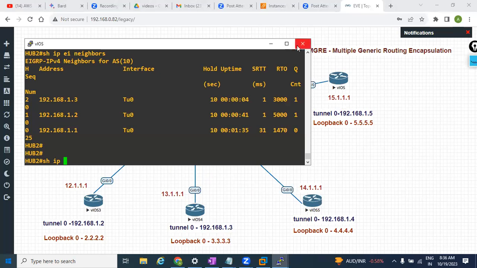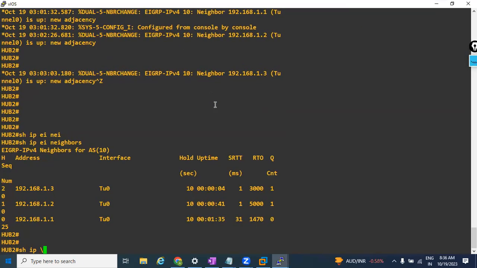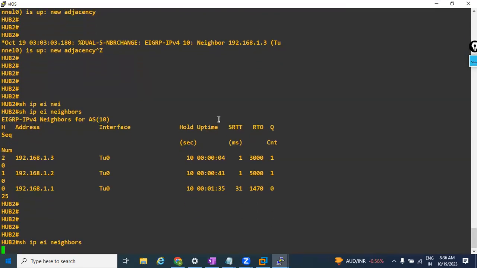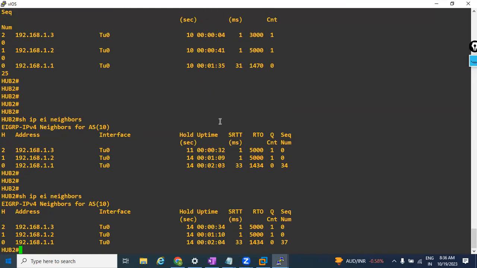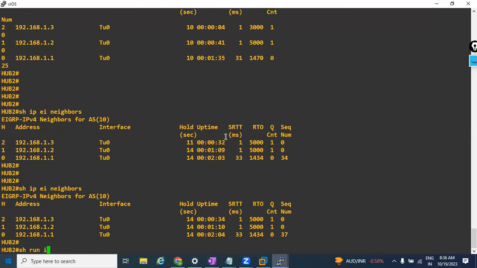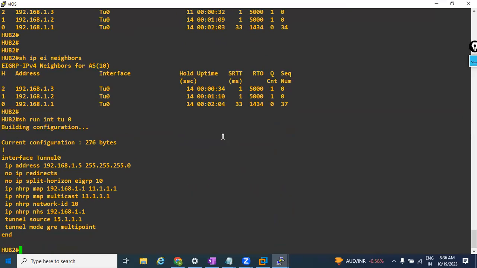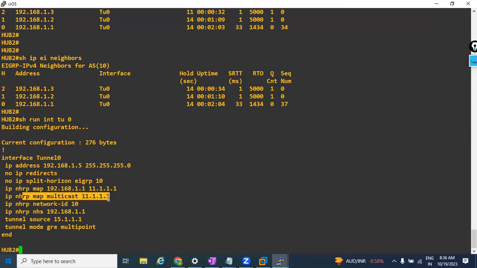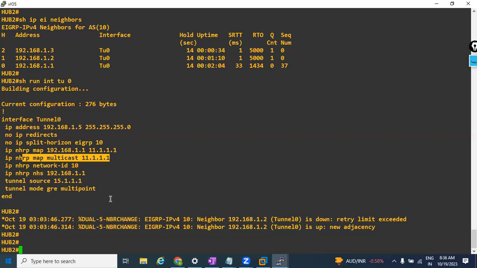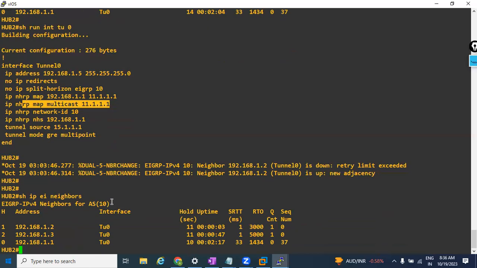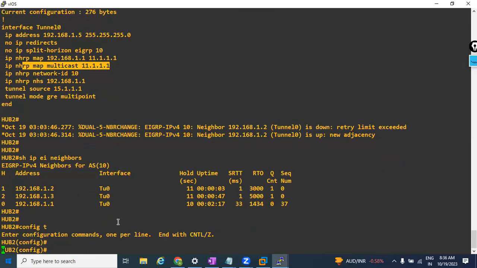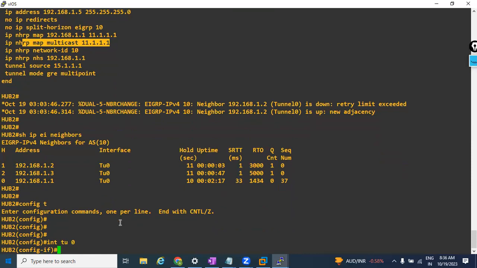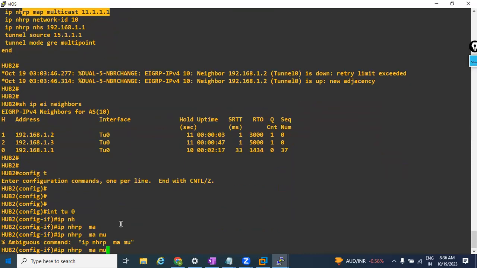Go back. This is my hub 2. Show run interface tunnel 0. Mapping. Interface tunnel 0, IP NHRP map multicast.